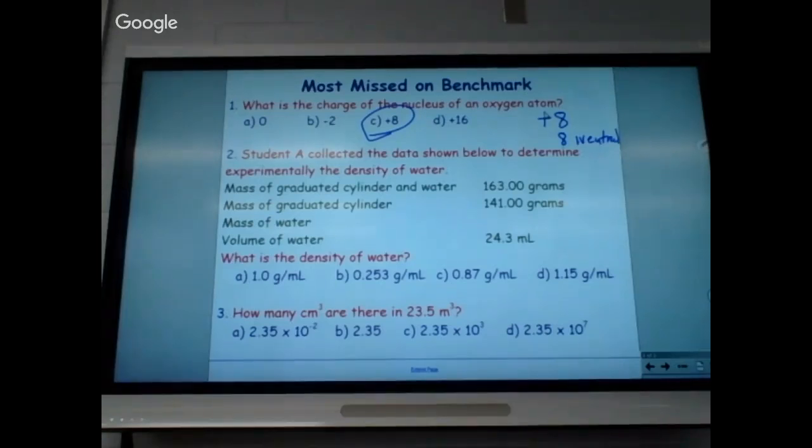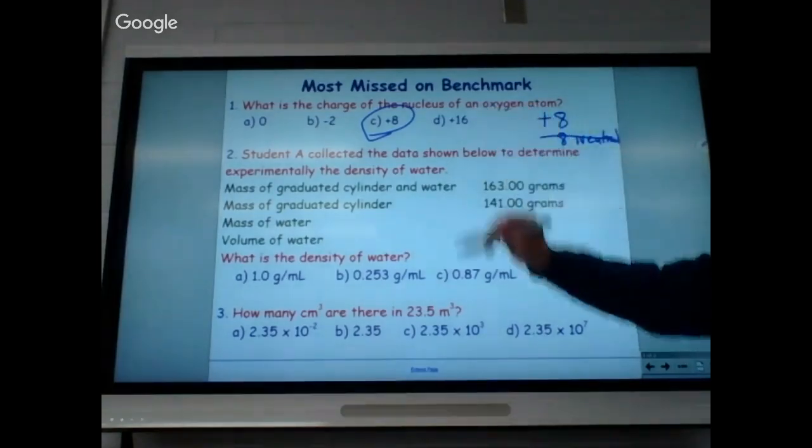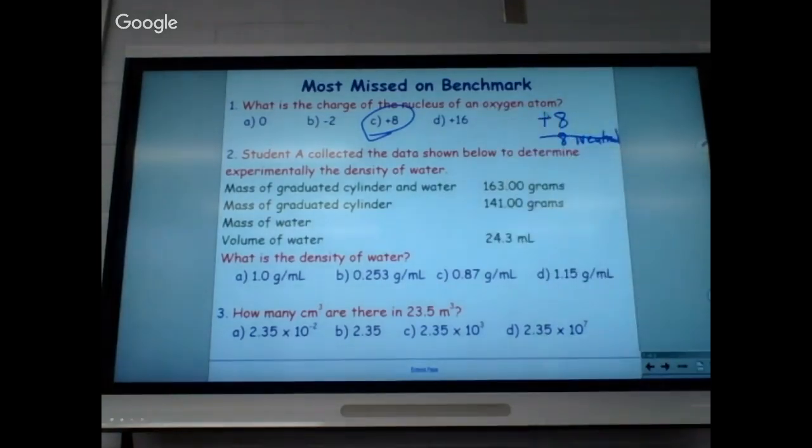The charge on the atom is normally 0, which is why y'all picked that. But because it says nucleus, you're looking at the protons and the neutrons. The protons are 8. The neutrons are neutral, so they don't count. So you have 8 protons, which is why it's C.